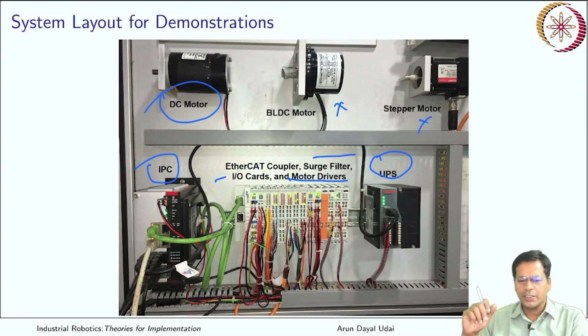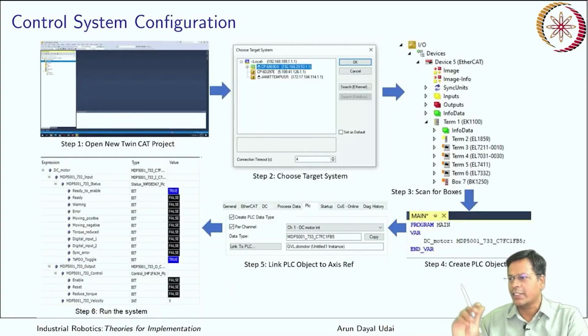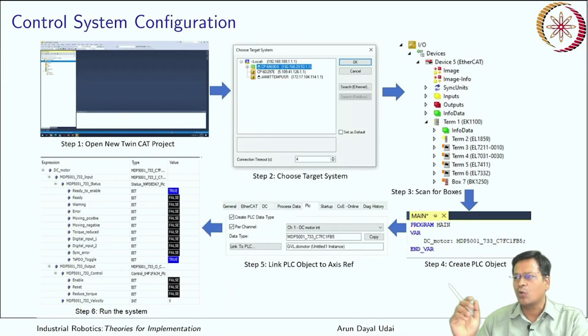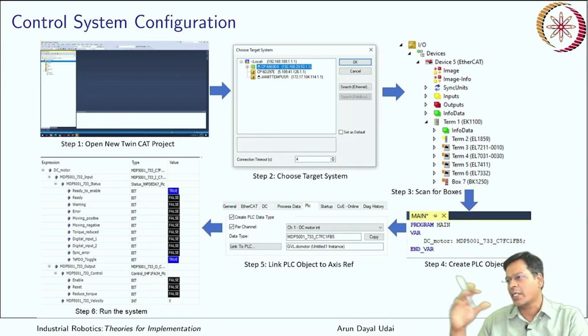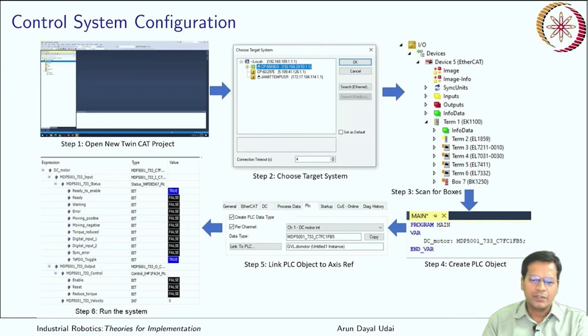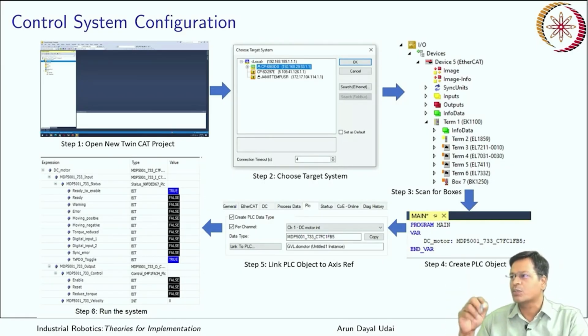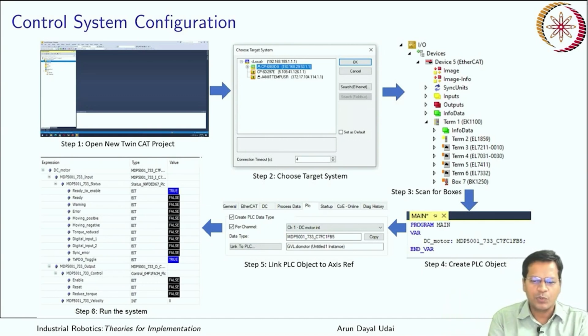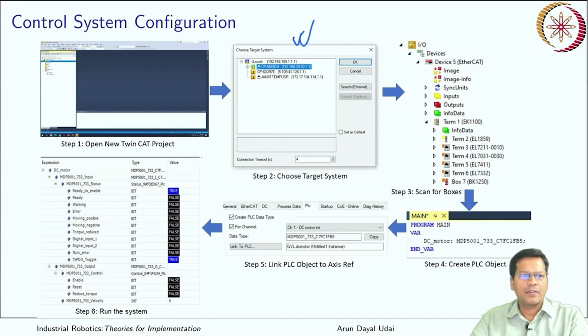Finally, let me show you how the settings are done. You just have to open the TwinCAT project in the new TwinCAT environment, and then choose the target. You just have to create the target over here. You can choose the target from here. Let me see if I can show you somewhere from here.